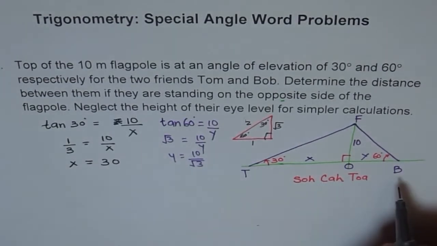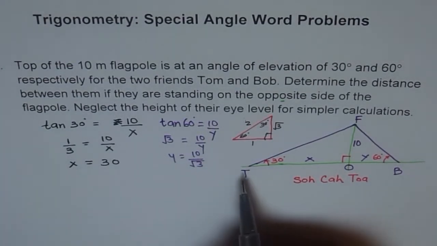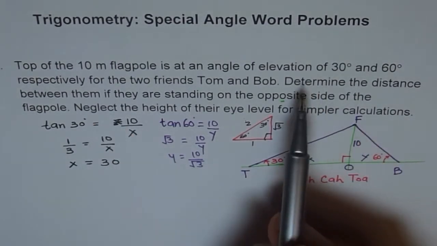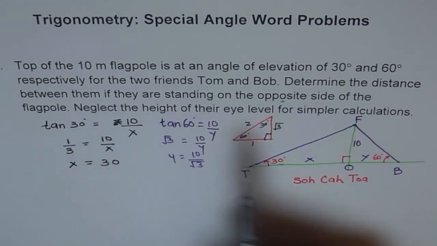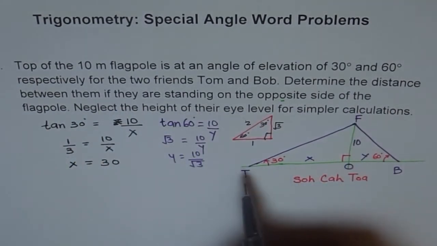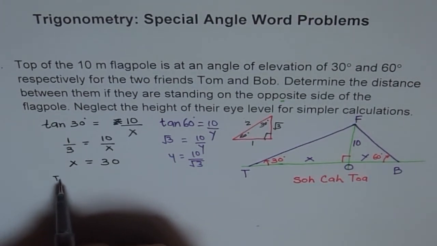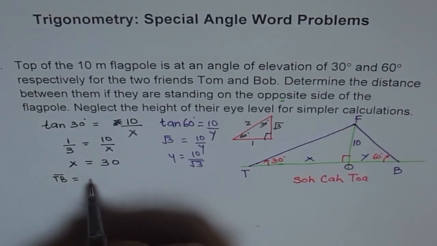Correct. Now what is the distance between T and B, Tom and Bob? We want the total distance. Determine the distance between them if they are standing on the opposite sides of the flagpole. So this is the flagpole, they are standing on opposite sides, and distance TB is actually equal to x plus y, right?